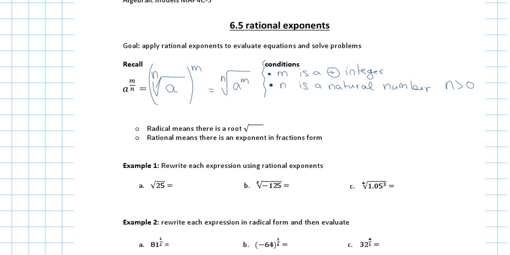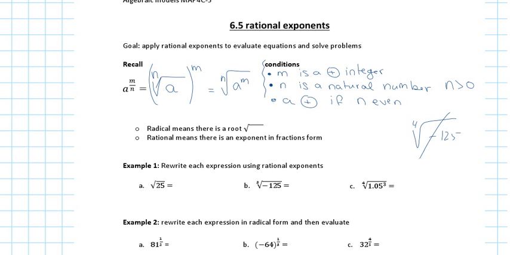And the other thing is that a has to be positive if n is even. So I cannot take the square root or the fourth root or the sixth root of a negative number, right? I cannot do the fourth root of negative 125, right? It's an error. Does not work.